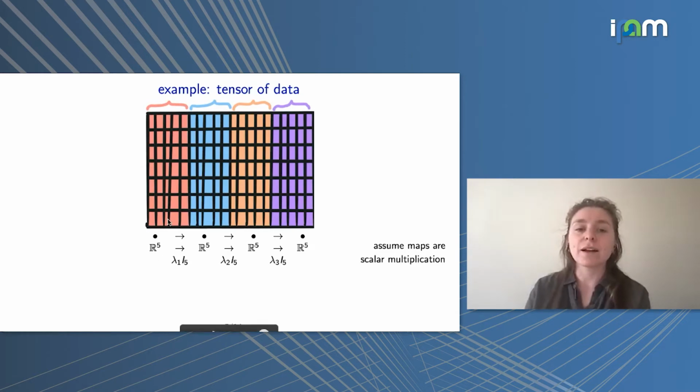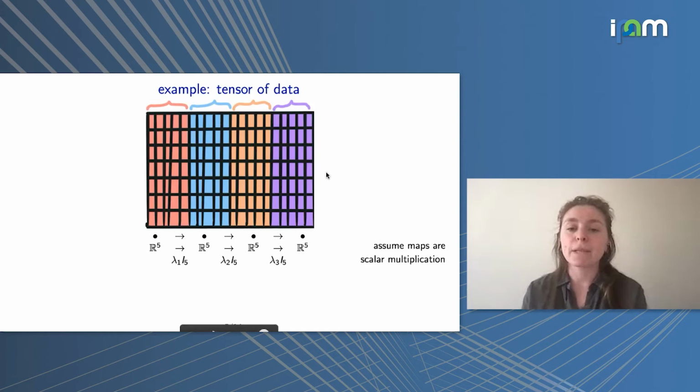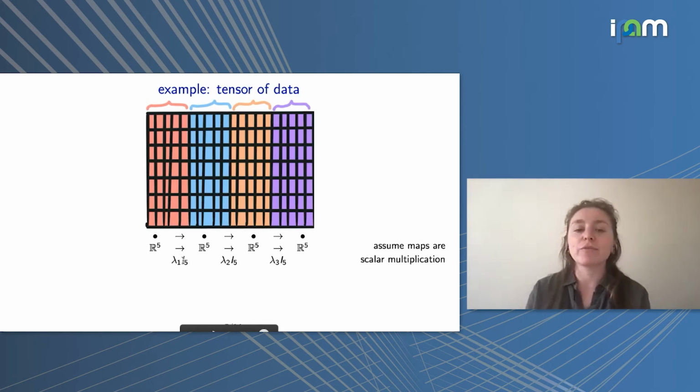So this tells us how these 5 measurements transform to give these 5 measurements, and how these transform to these, and so on. And as before, each row is a sample. And we can assume that the maps are given by scalar multiplications. So then this first map is just multiplication by lambda1, so lambda1 times I5, the 5 by 5 identity matrix, and so on.